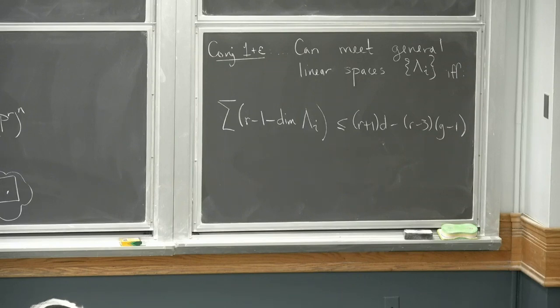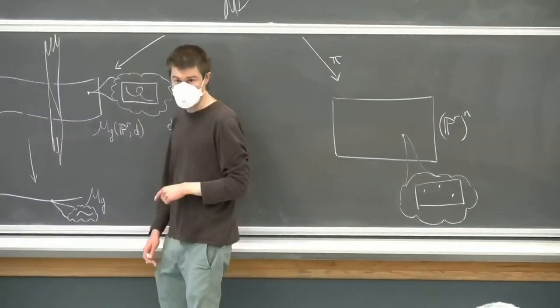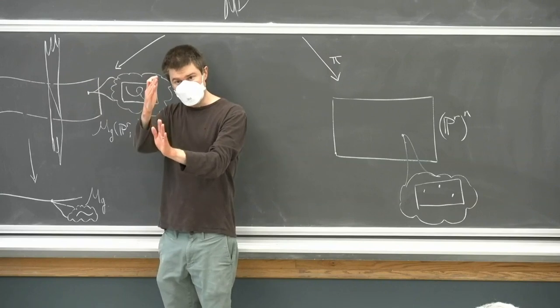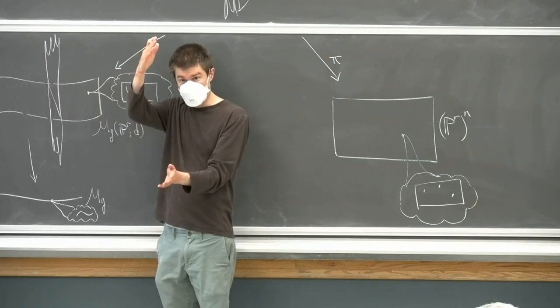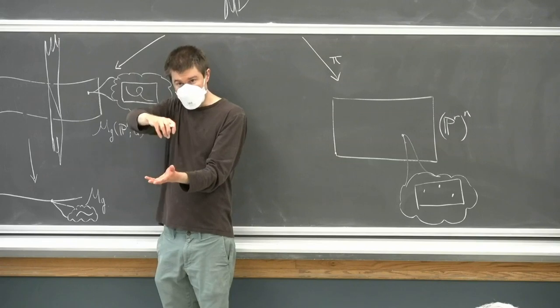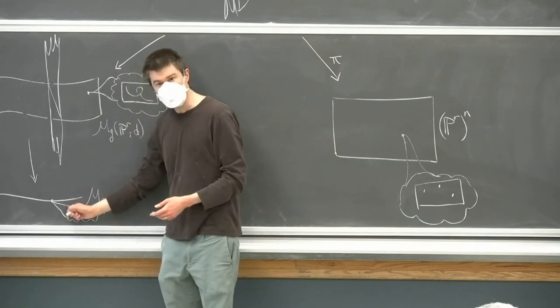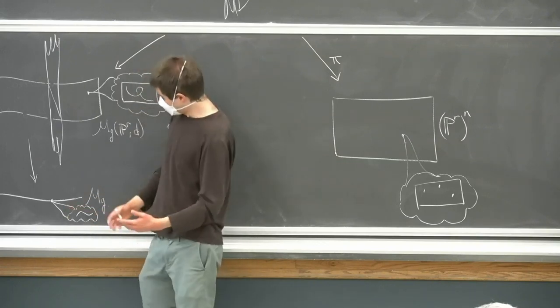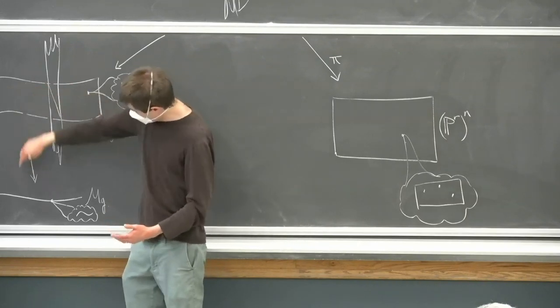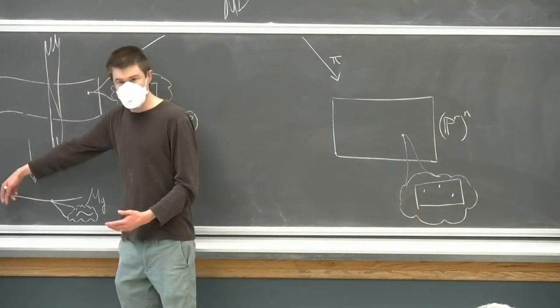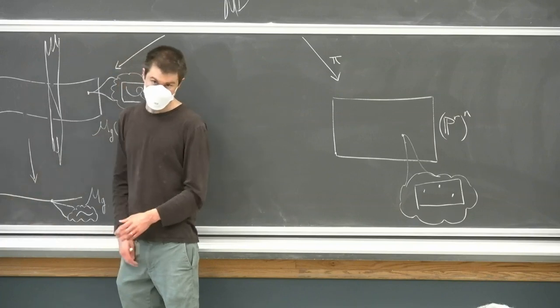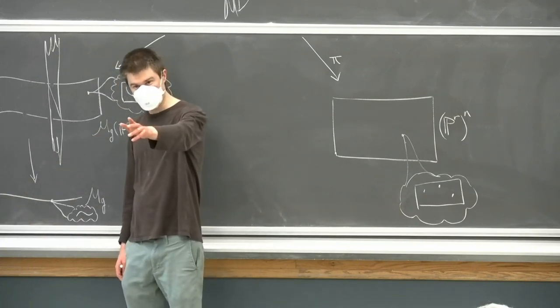Yes? How does this component of M_g(P^r, d) compare with the other components? Is it the largest component when it exists? No, it's not necessarily the largest component. There can be other components that are larger. It's just that the other larger components get highly collapsed under this map to M_g. So there's only one component that sees most intrinsic curves of genus g. Does that answer your question? Yep, thanks.